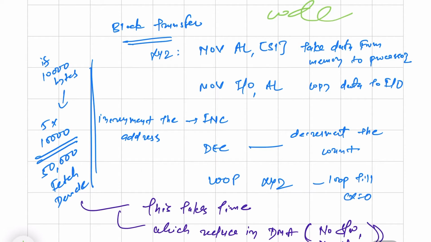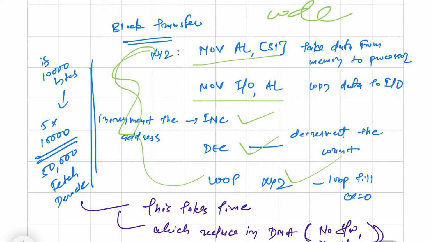If you want to read something from memory, this is my first instruction. If I want to write something to input output, I need one instruction. I need to increment the address to the next location. Now I need to fetch the data. Now I need to decrement the counter which I have used, that this many blocks are needed, and you need a loop. So every time to transfer a single byte, you need to perform these 5 operations if you are doing this by normal processing.